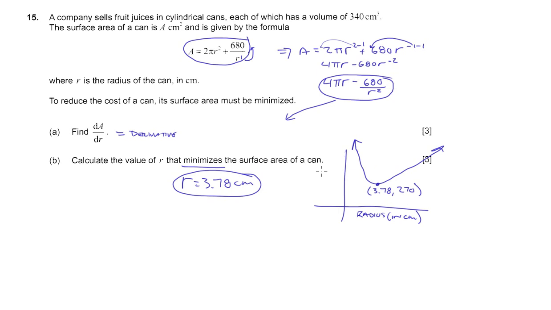And then this here is going to be our volume. Oh no, sorry, not volume, because we're talking about the surface area of the can, right? So surface area, this is going to be in square centimeters, right? So that sketch there, I believe, would get us credit on that.